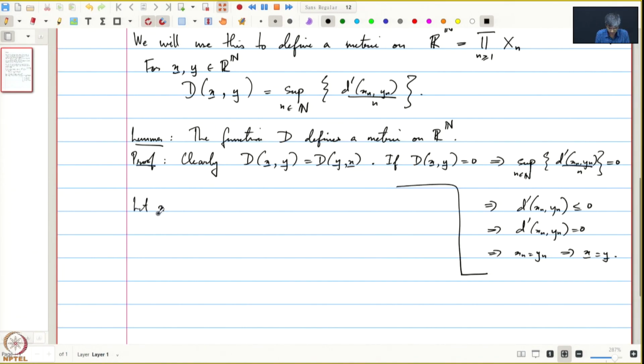So let's take three points x, y, z. Since d prime is a metric, we have the usual triangle inequality, divided by n.